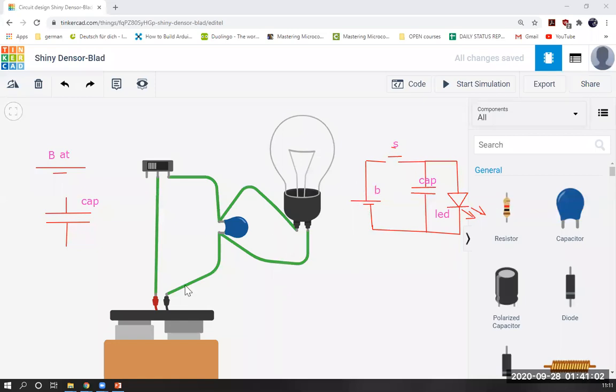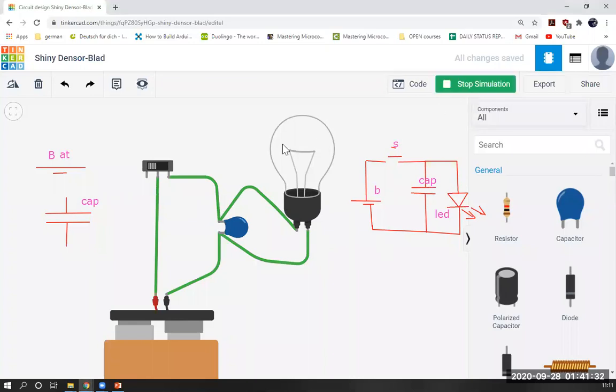This is the plus side, and the plus side is connected to a switch. The other end of the switch is connected to the capacitor. Again from the capacitor we are connecting to the bulb. And the other end, from the negative side, we are connecting to the battery terminal and the bulb.